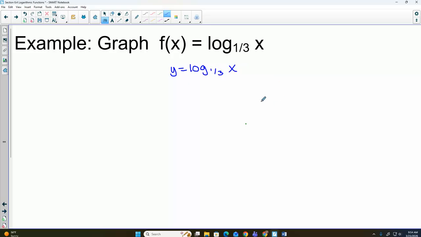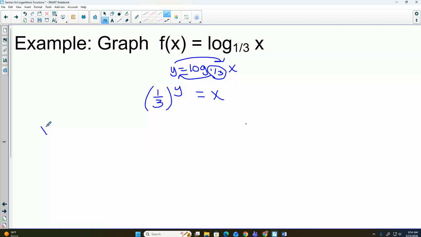To graph it, I want you to change it to exponential. So this is really the big thing that we have to be able to do from these two sections. To write it as an exponential, the base of the exponential and the base of the log are the same. So I start with my 1/3. Go across the equal sign. So it's 1/3 to the y power equals x.